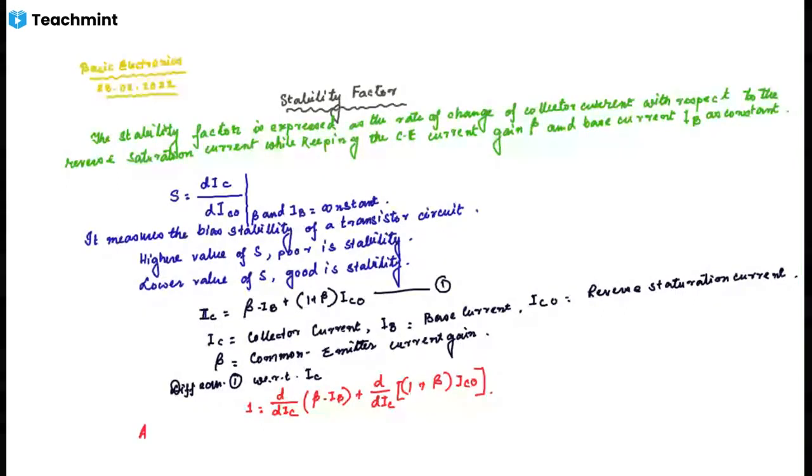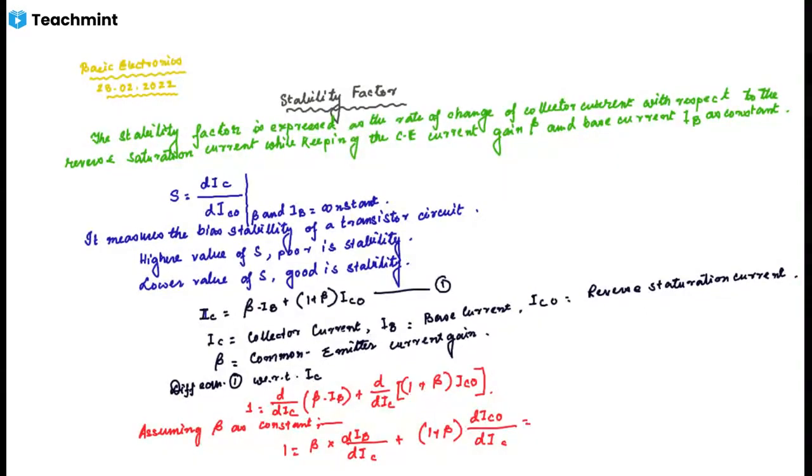If I assume beta is constant, what will I get? 1 equals beta into dIB by dIC plus (1 plus beta) into dICO by dIC.